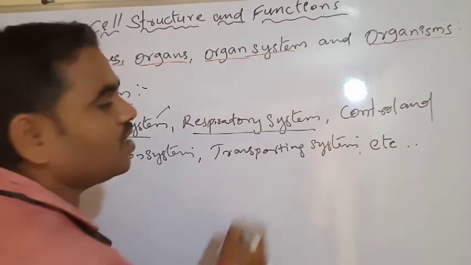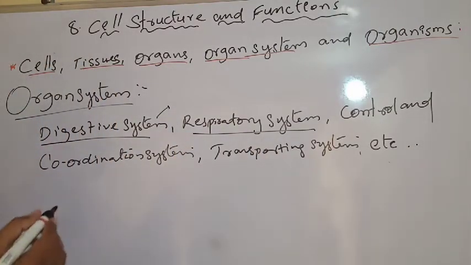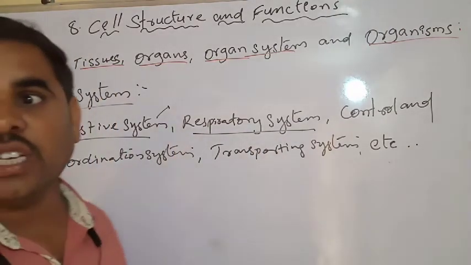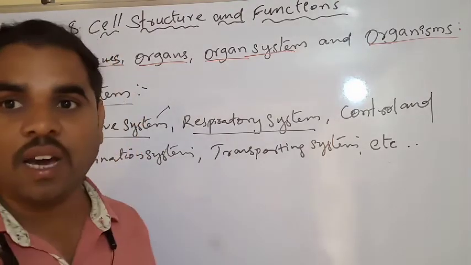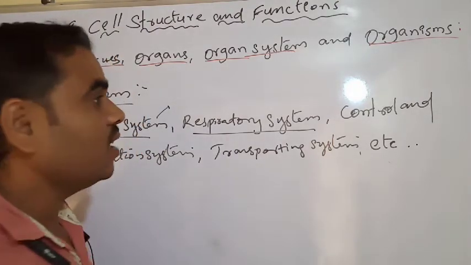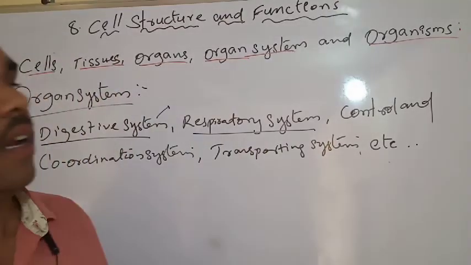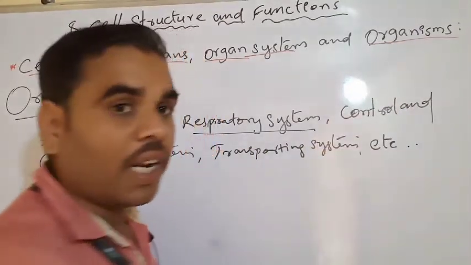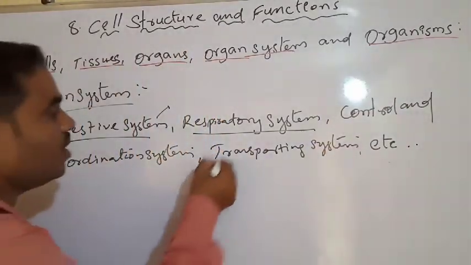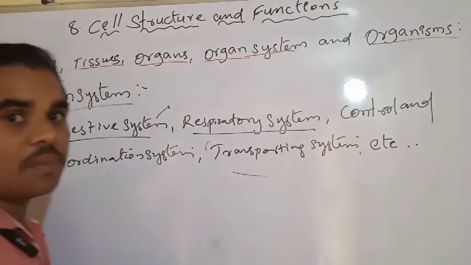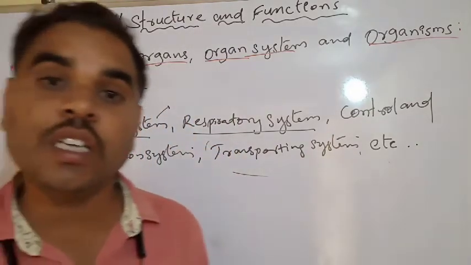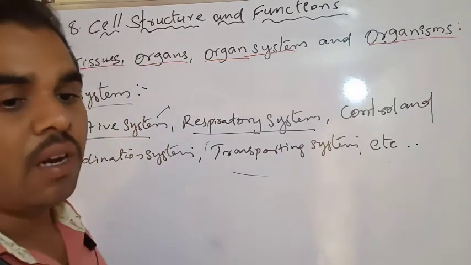Next, the respiratory system. Here is the exchange of gases, like carbon dioxide and oxygen. Next, the control and coordination system is also there. Next, transporting systems. All these systems help our body.